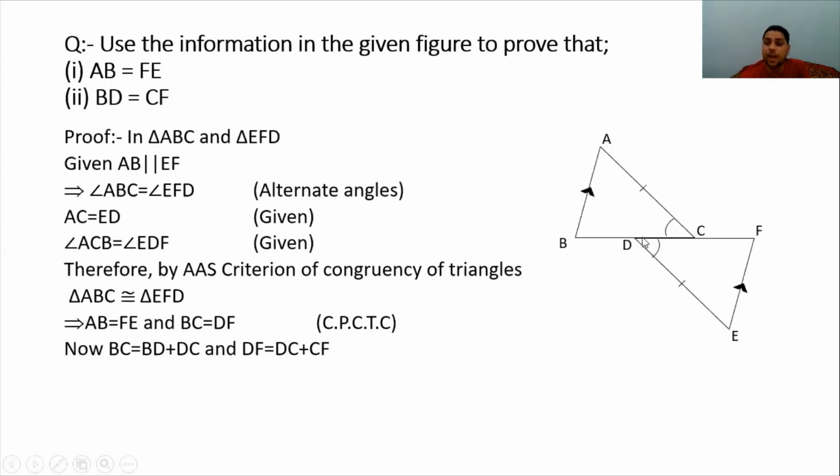Similarly, FD can be written as FC plus CD, as point C is on FD. As we have DF is equal to BC, the parts are also equal. Now we can cancel the common term DC, which implies that BD is equal to CF. This is what we had to prove.